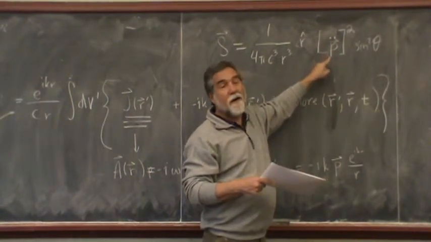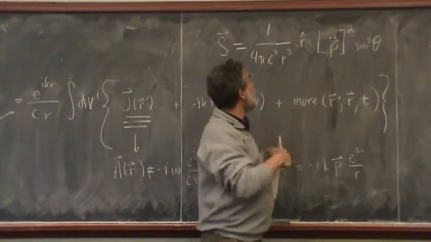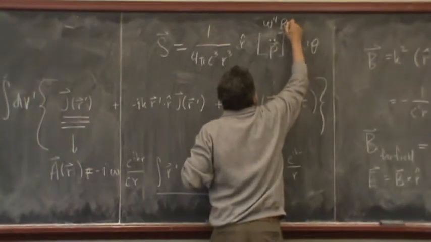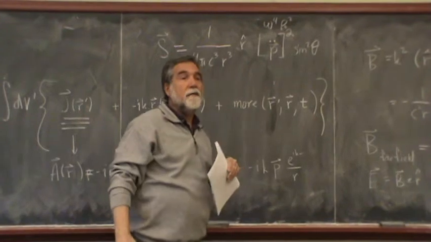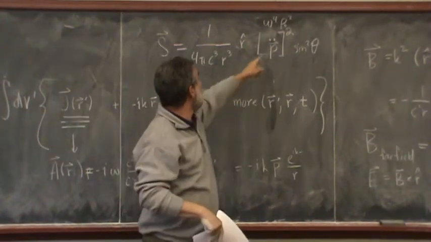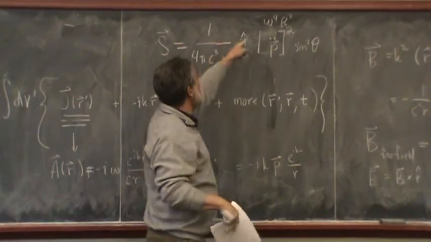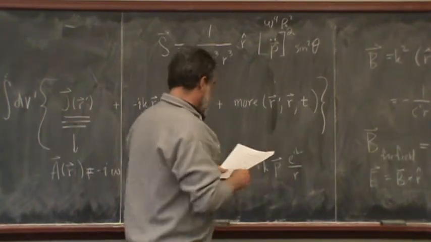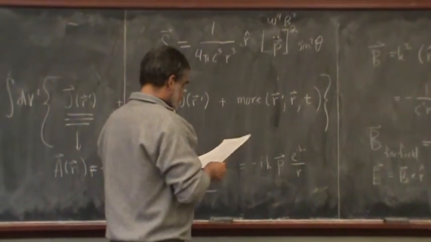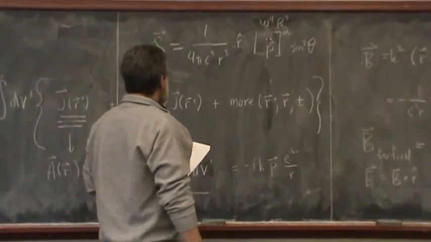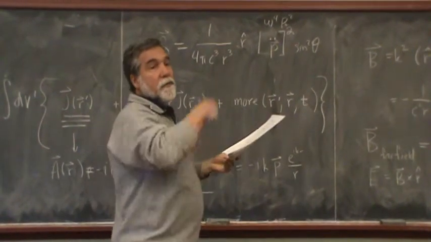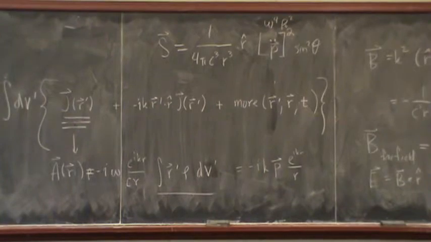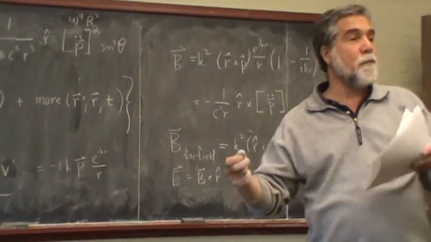So in the harmonic approximation, this is just omega to the fourth p0 squared, where p0 is the amplitude of the dipole moment of the system. And so the Poynting vector is proportional to the fourth power of the frequency of oscillation of the system for a given dipole moment. Ohanian has the integral over all angles, which I'm not going to bother doing now. The total output is proportional to the fourth power of the frequency.